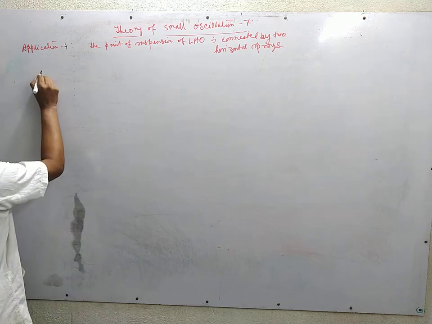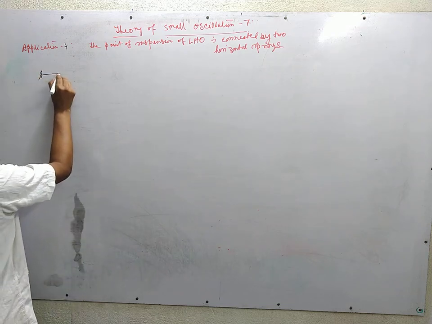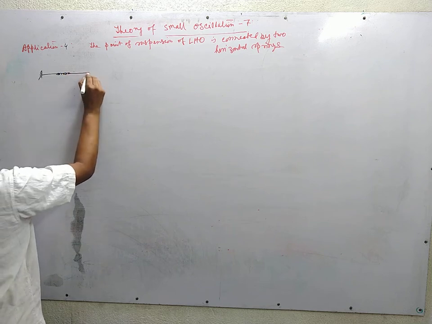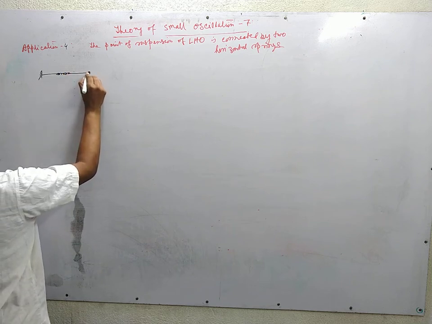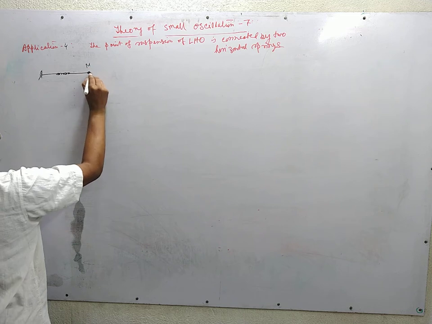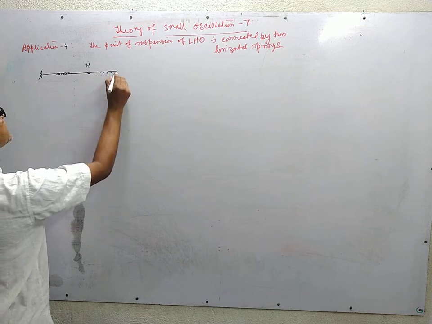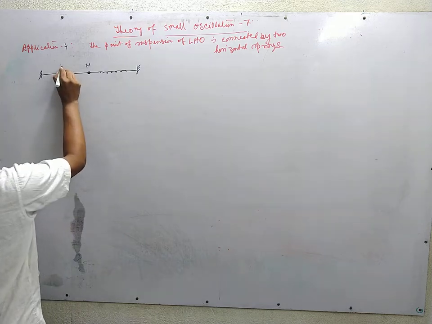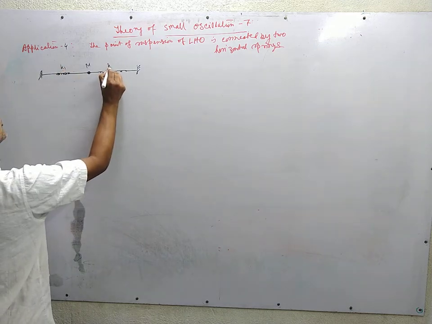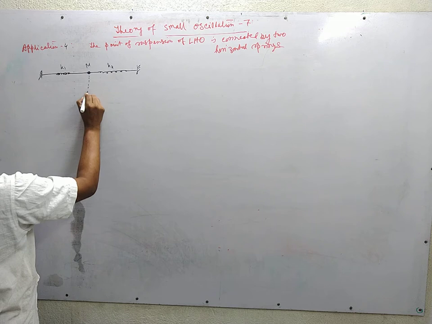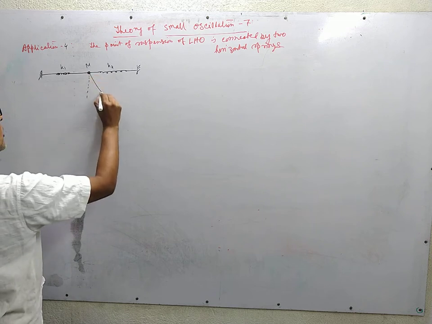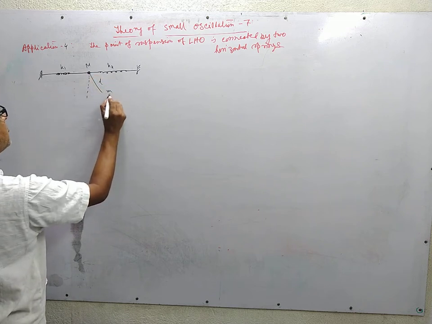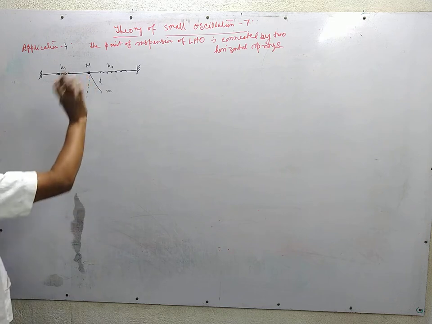We have two rigid supports. There is a spring of spring constant K1. We have a body of mass M situated over here, and it is connected by another spring of spring constant K2, and a simple pendulum of length L and mass m is hung from this.